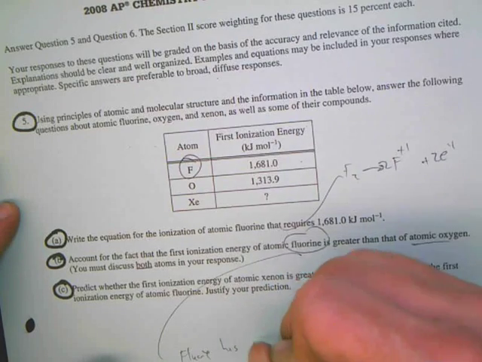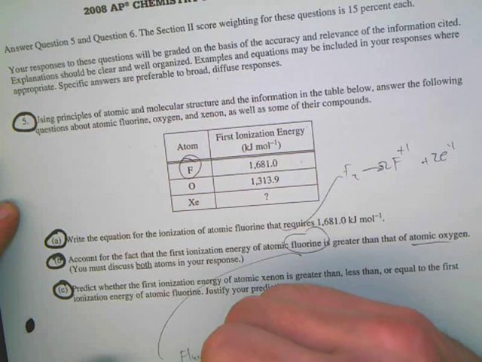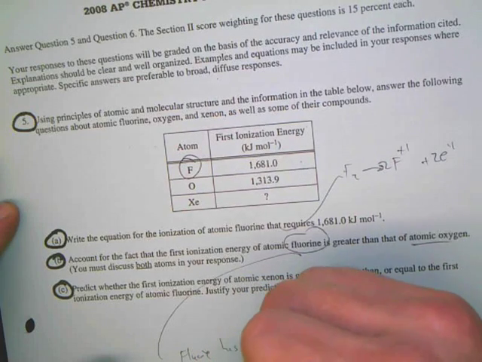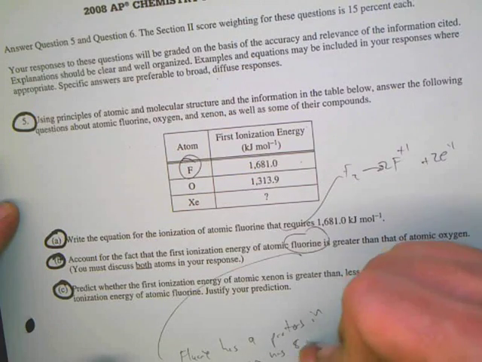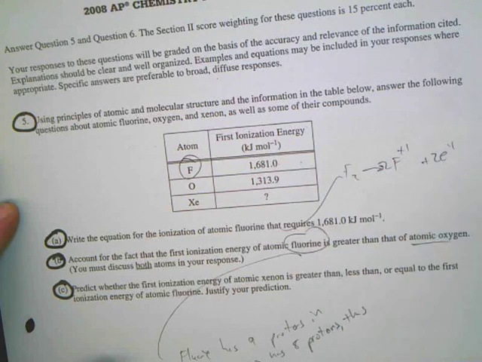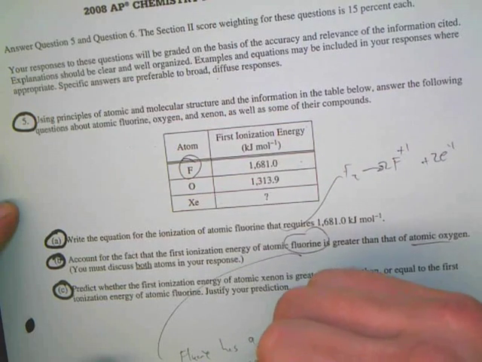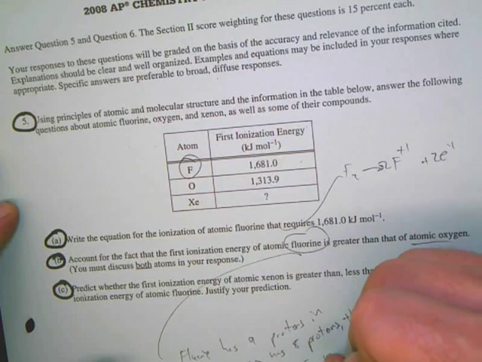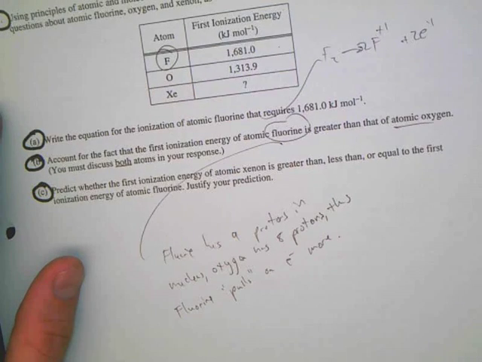Okay, so fluorine has 9 protons in the nucleus. Oxygen has 8 protons. Thus, fluorine pulls on electrons more.